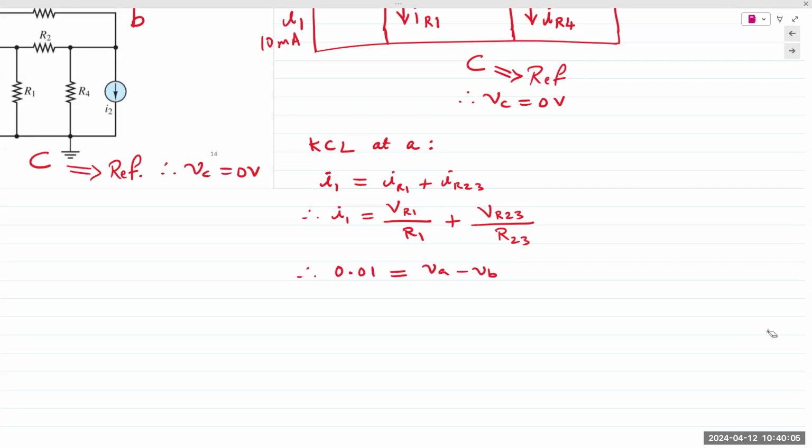Oh, sorry, VA minus VC. R1 is 1000 ohms. VR23 is VA minus VB divided by 1666.667.